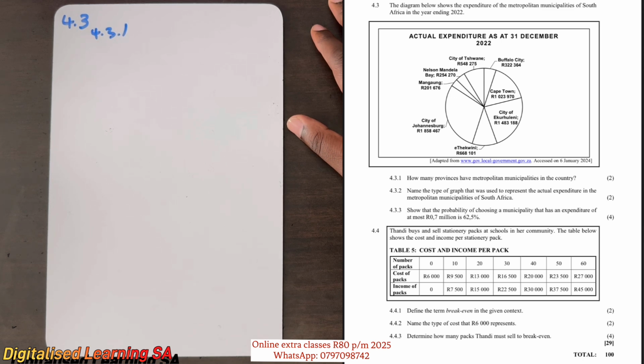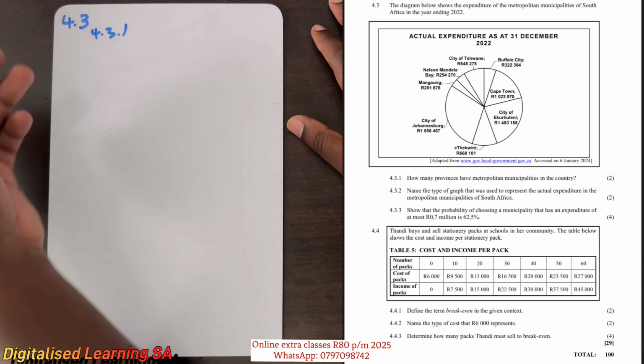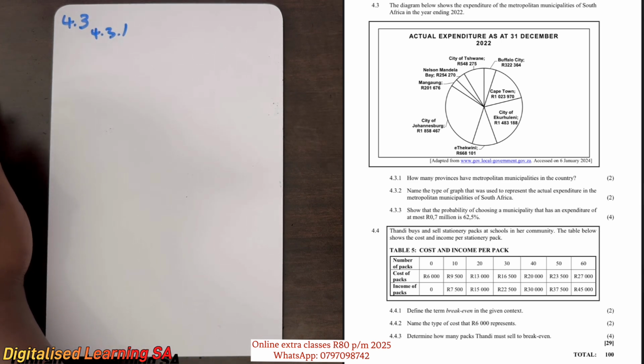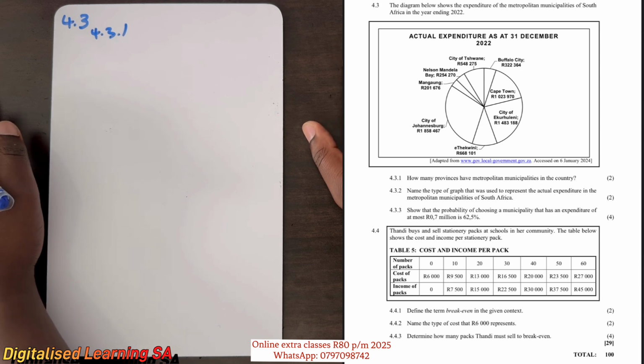We have 8 metropolitan municipalities given on our diagram, and we can see that 3 are from Gauteng. In Gauteng we have city of Tshwane, city of Johannesburg, and city of Ekurhuleni.